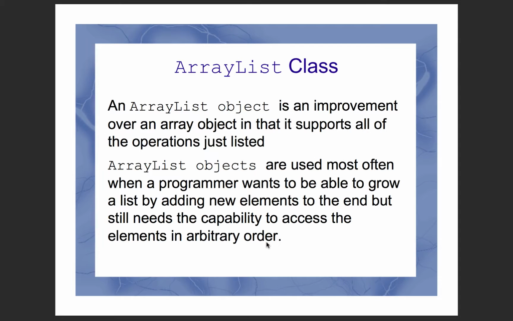But the problem is that in an array you cannot grow your array. That means you cannot increase or decrease your array length. But using an ArrayList object, you can do that. You can increase your array length automatically, and at the same time you can access an arbitrary value by giving some index. So this is the good thing that ArrayList has this capability.